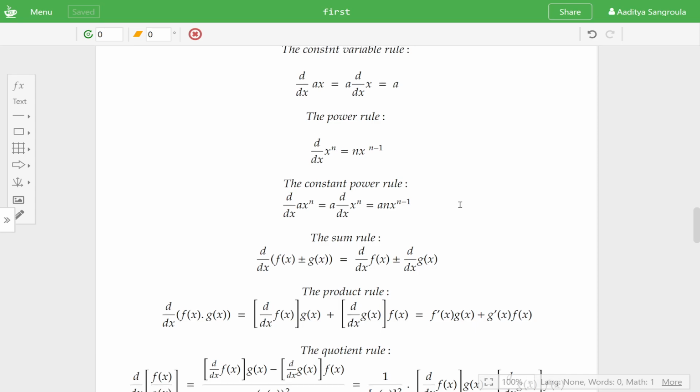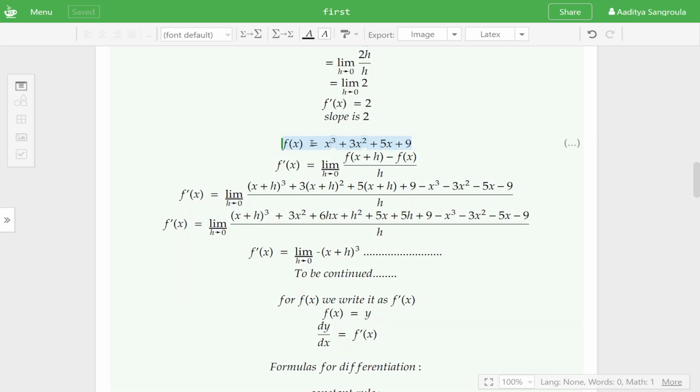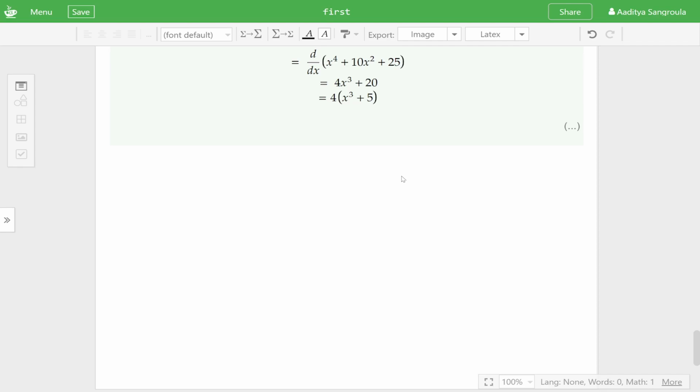So now we can differentiate this function, and I think you already know how we can differentiate the function. So let's keep it as a quest: differentiate.